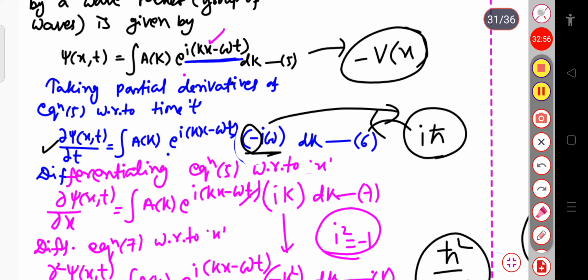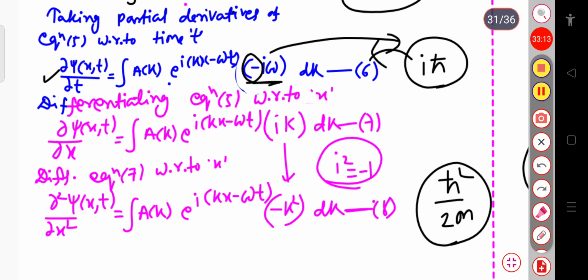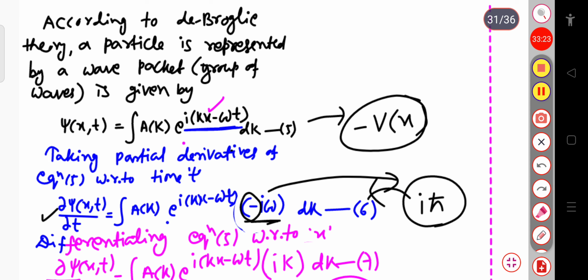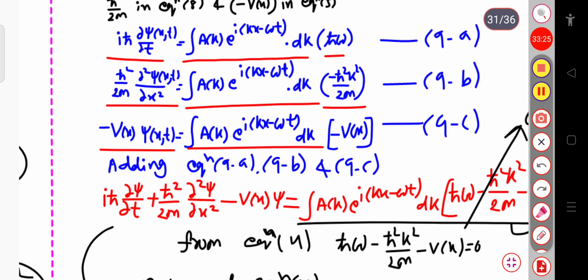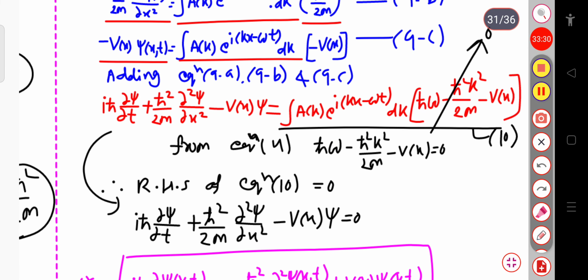Then we take the second derivative of equation 5. After that we multiply iħ with equation 6, that is the partial derivative with respect to time t, and the double derivative with respect to x we multiply by ħ² by 2m, and minus V of x times ψ of x, t. If we add these three terms, we get this expression, equation 10.